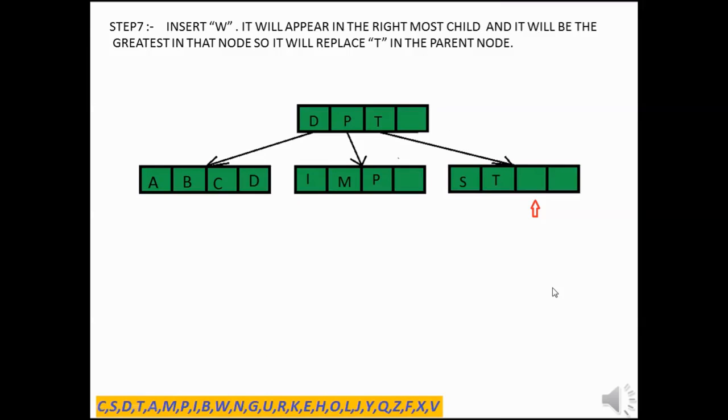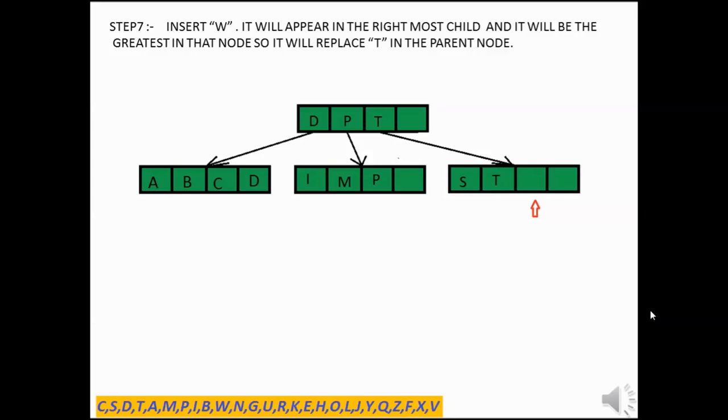Friends, now come to step 7. In this we have to insert W. For insertion, again the same algorithm. Go to the parent node. It contains D, P and T. W is greater than P and less than T. So as usual, we'll go to the node pointed by the T, that is the greatest element.